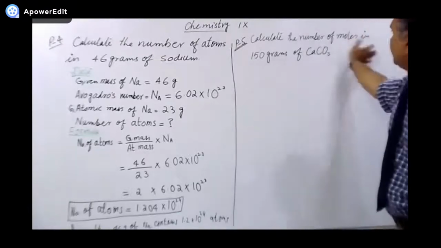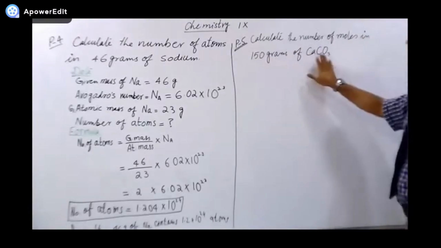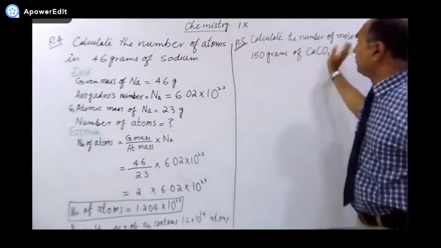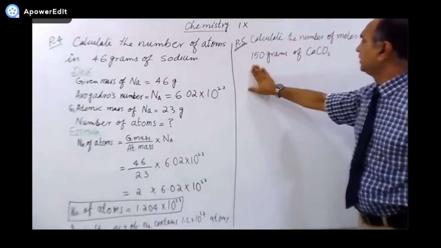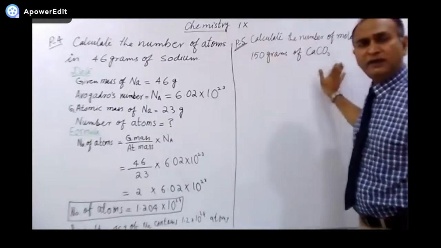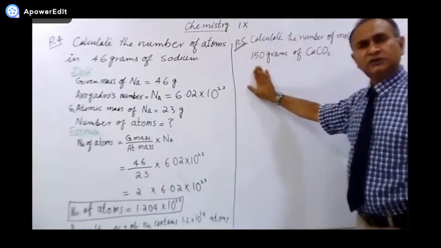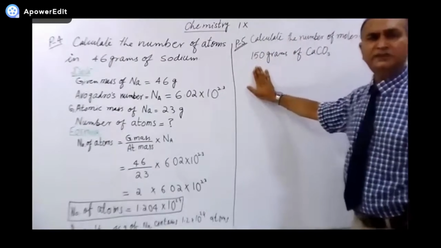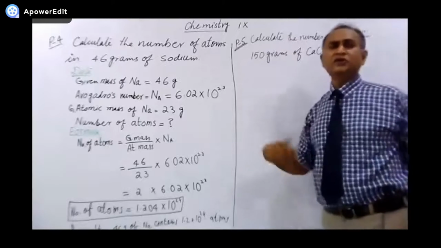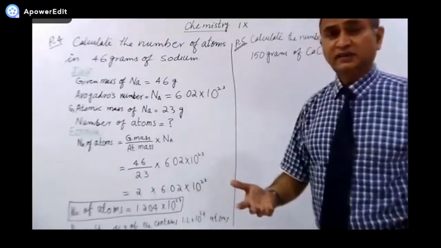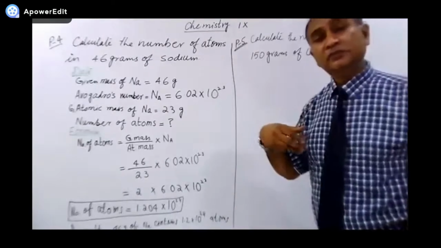Like, calculate the number of moles in 450 grams of glucose. Calculate the number of moles in 1000 grams of carbon dioxide. Calculate the number of moles in 250 grams of carbon. So you can make your own problems. When you do this, you will become master of this topic.